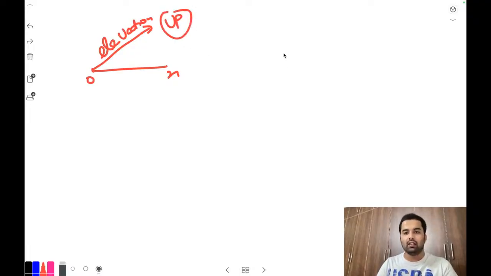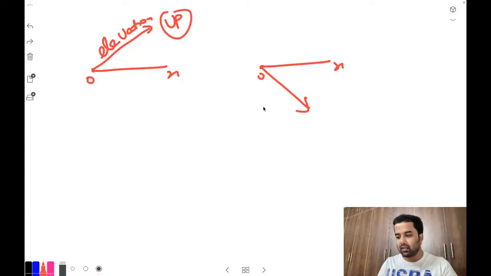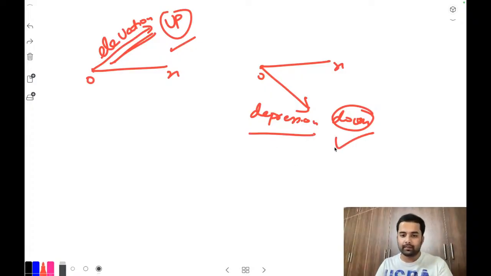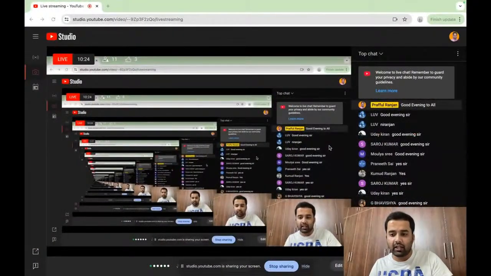And if the angle is going downside, that is a depression, which means downside. Just keep in mind, if the question says it is an elevation, keep the angle on the top, upside. If it is a depression, keep it from the below side. We have a use of this one, that's what I'm telling you.